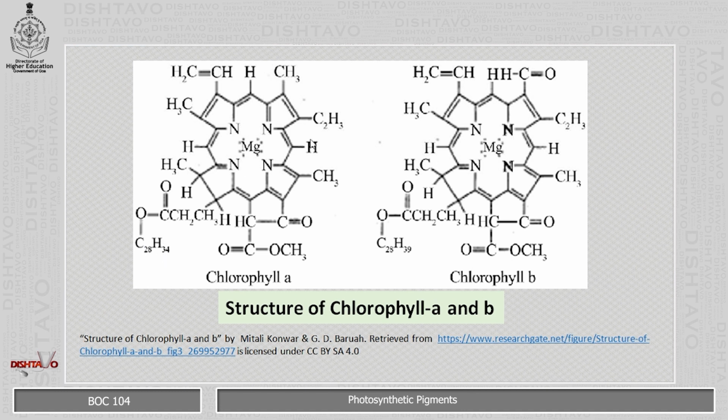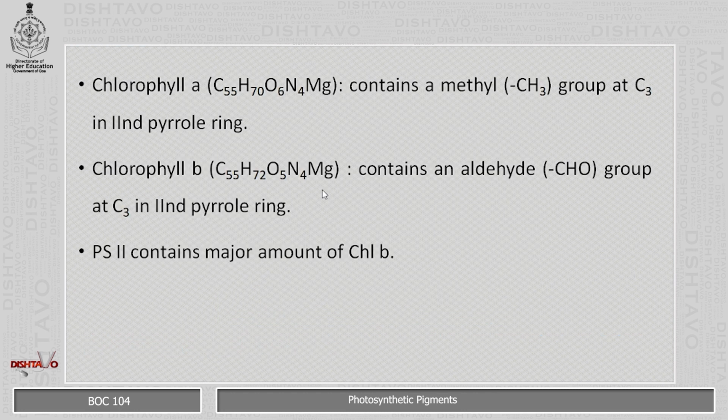Now there is a difference in the structure between chlorophyll A and chlorophyll B. If you see here at the 2nd pyrrole ring, we have a CH3 or a methyl group attached, and at the same position in the 2nd pyrrole ring there is an aldehyde group or a CHO group. This is the main structural difference between chlorophyll A and chlorophyll B. The same is explained here.